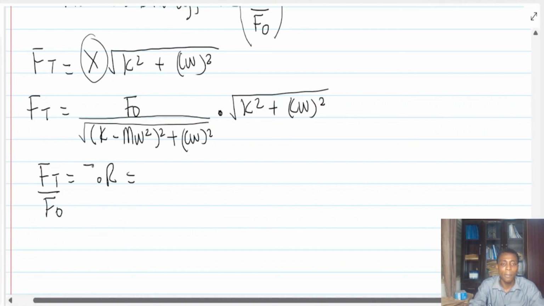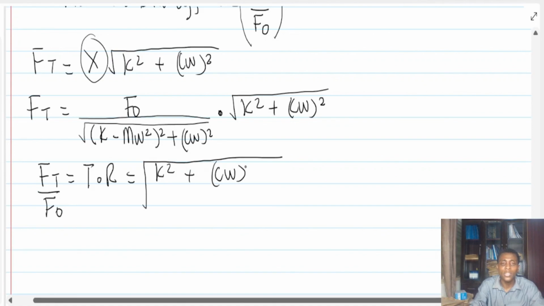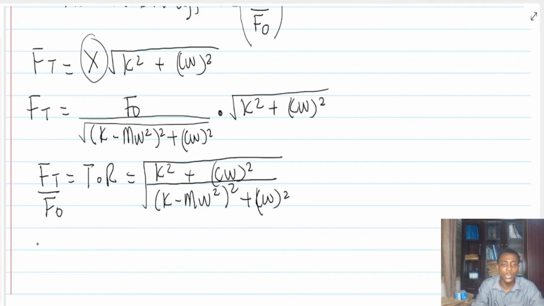So it's going to be the square root of k squared plus (c omega) squared, all divided by (k minus m omega squared) squared plus (c omega) squared. And this is what we are calling the transmissibility ratio.